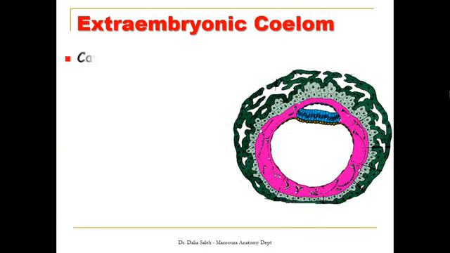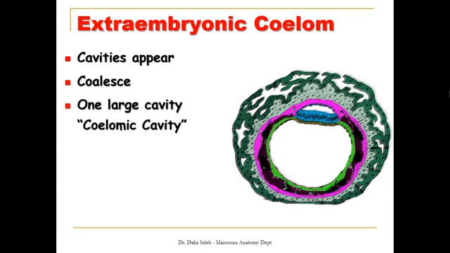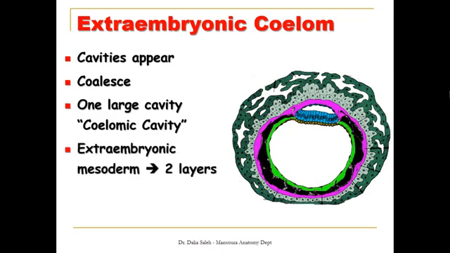Later on, cavities appear within this extraembryonic mesoderm. These cavities will coalesce together and form one large cavity. It is called the coelomic cavity. After the appearance of the coelomic cavity, the extraembryonic mesoderm will be split into two layers.